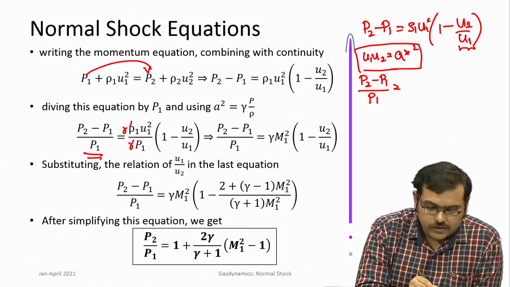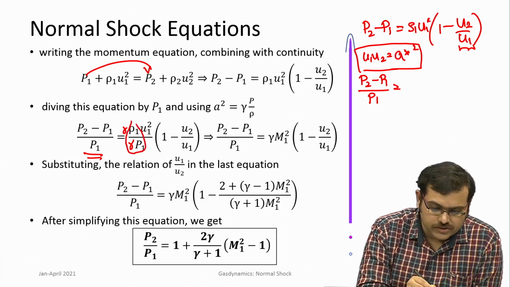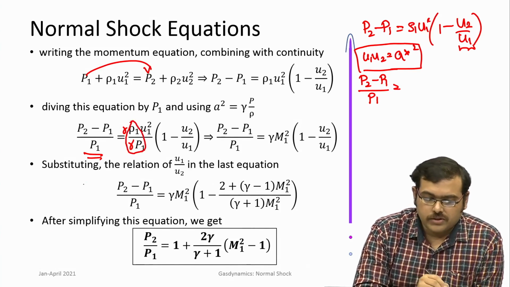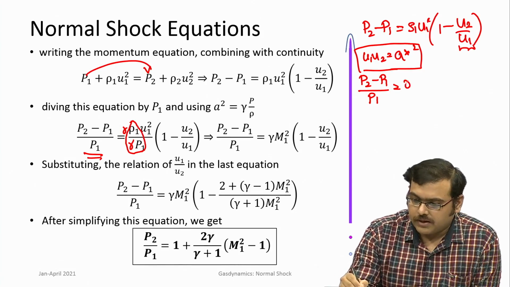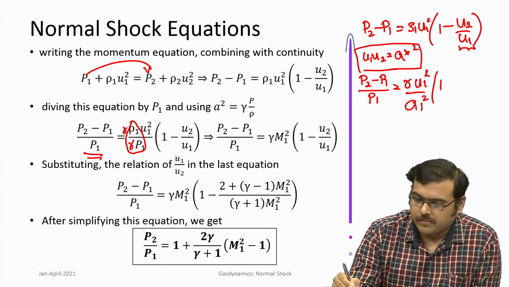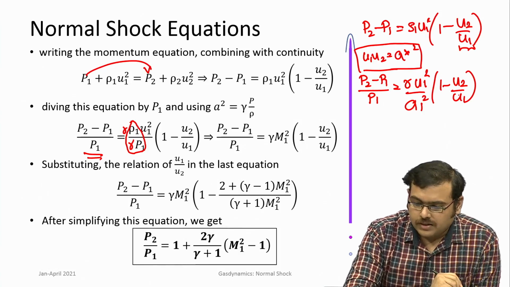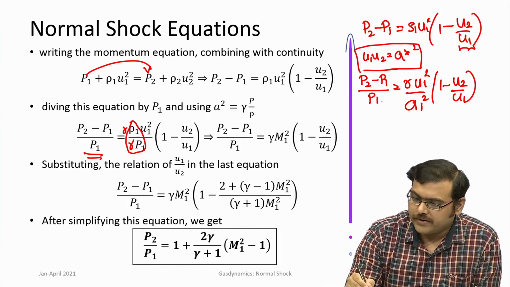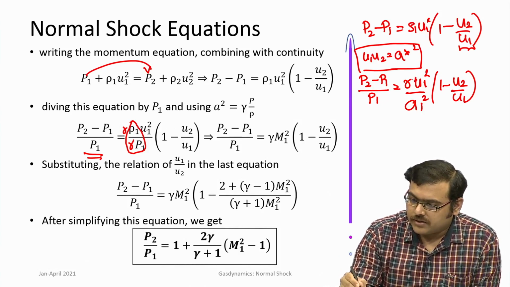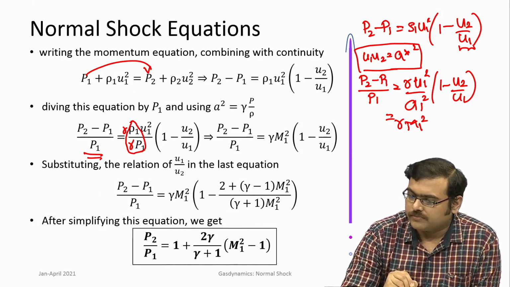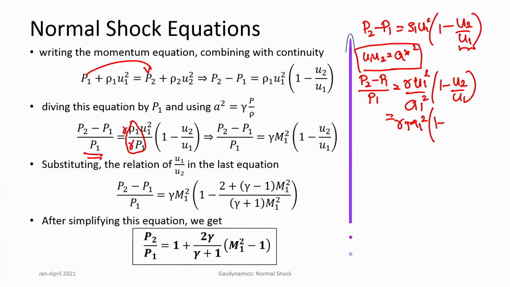If you do that, you get gamma P by rho, so this term comes out to be gamma U1 square by A1 square multiplied by 1 minus U2 by U1. Okay. Now, this is M1 square, so this is gamma M1 square times 1 minus U2 by U1.